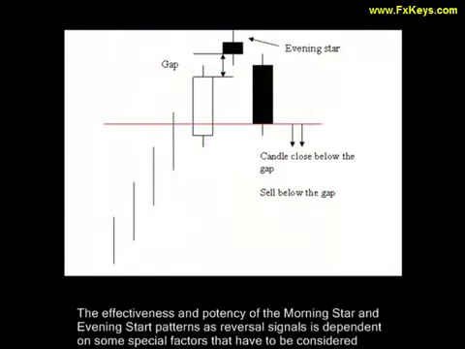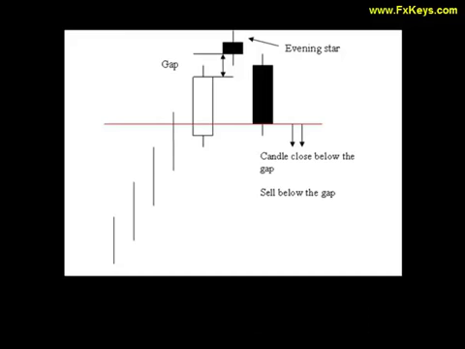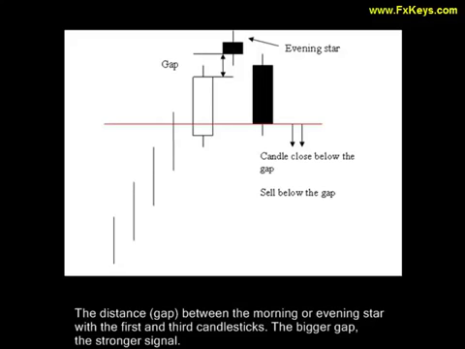The effectiveness and potency of the morning star and evening star patterns as reversal signals is dependent on some special factors that have to be considered. The distance or gap between the morning or evening star with the first and third candlesticks is very important.